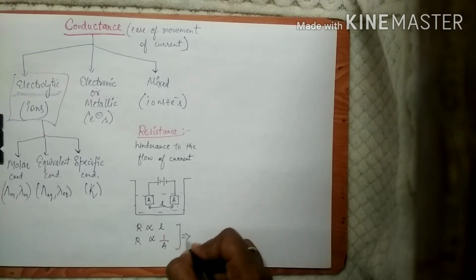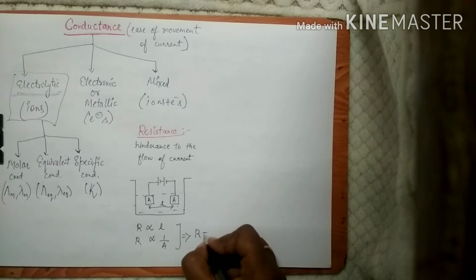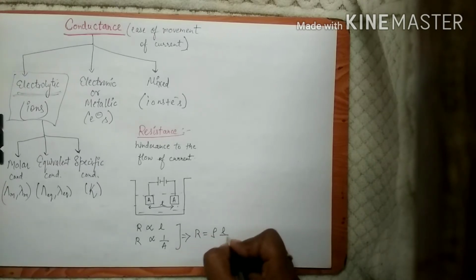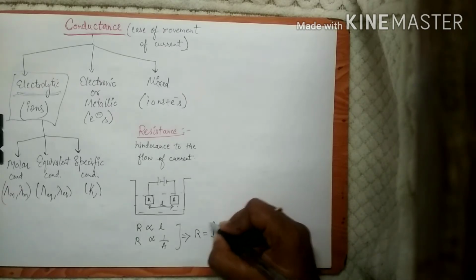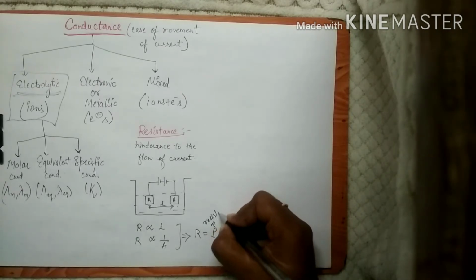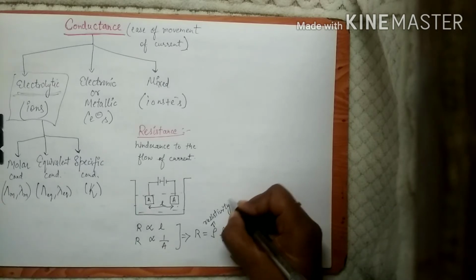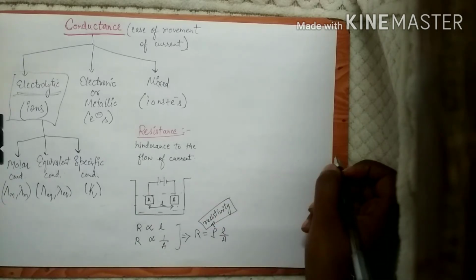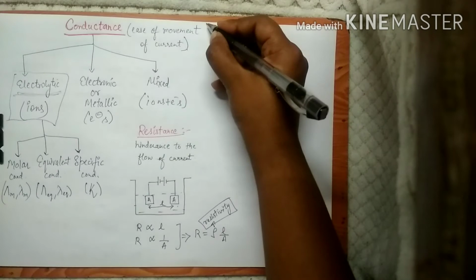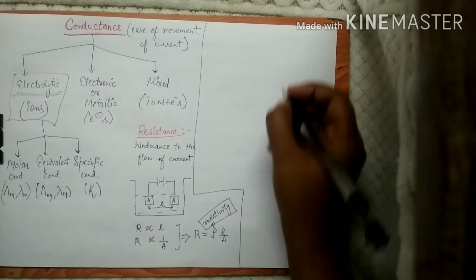So combining them we get a formula that R is equals to rho L by A, where your rho is your resistivity. From here we are going to derive some of the important formulas, right?